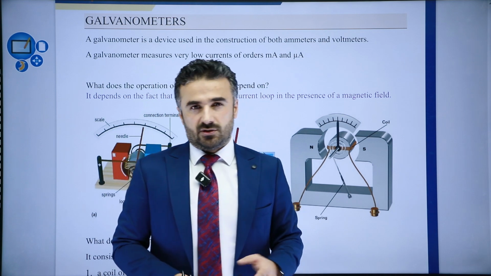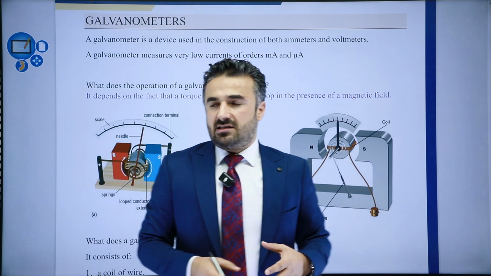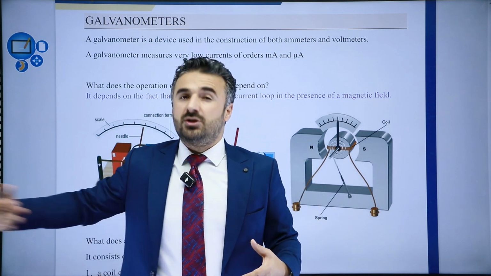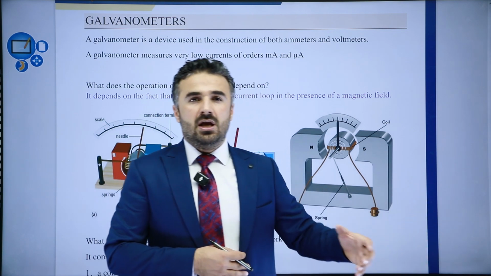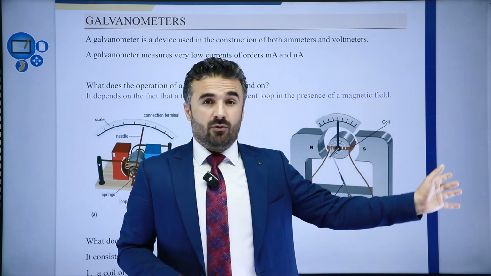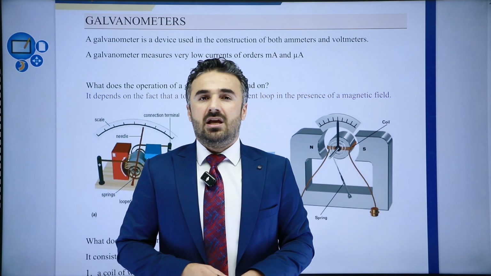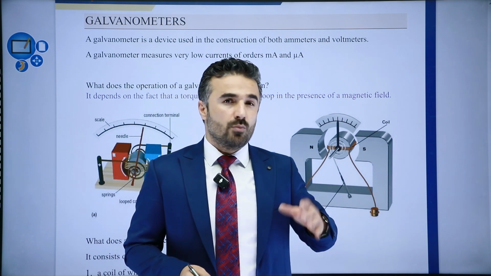This is a WSAT question, so you have to be very careful. If the current is bigger than that, we have other devices like ammeters to measure the electrical current, and to measure the voltage, we have the voltmeter. But if the range of the current is very low, then we can use galvanometers to measure currents in the range of milliamperes or microamperes.